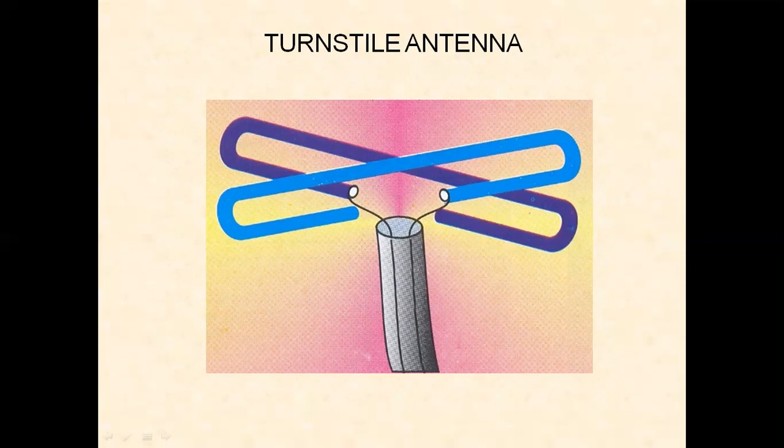In this type of antenna, two crossed dipoles are used, as shown in the diagram. The dipoles are fed 90 degrees out of phase. For example, if this is fed with 0 degrees, this antenna must be fed with 90 degrees.